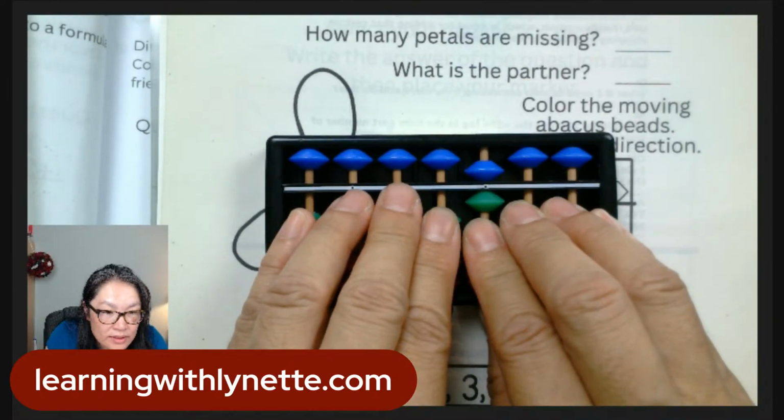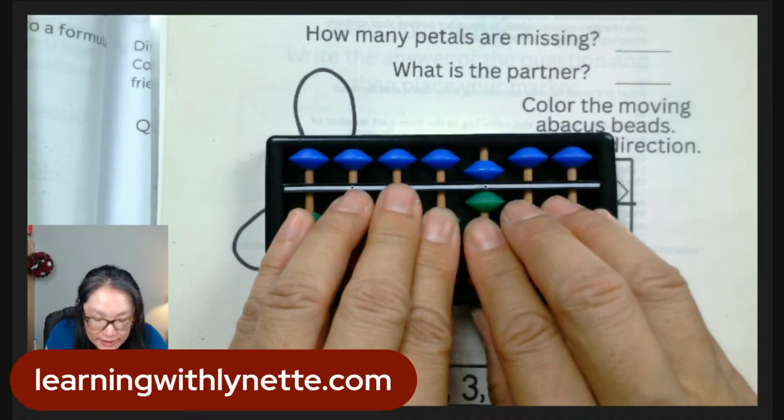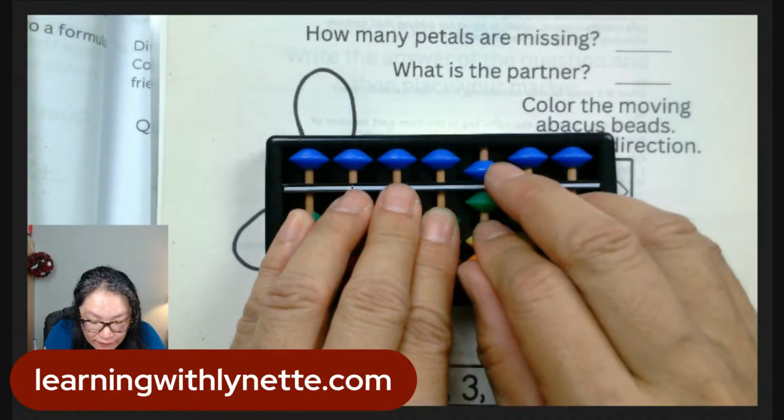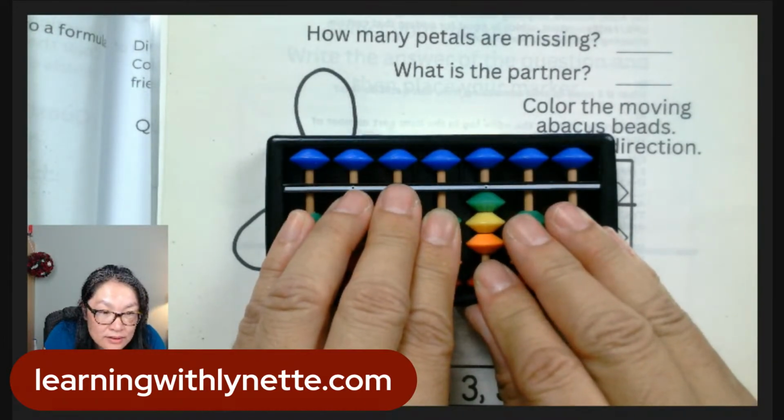This only works if the number on the bottom is 5 or less. This is counted. These are not counted. So when you're looking at this, is there enough beads to take away the 3? If I don't have enough beads to take away the 3, then I need to minus the 5. That's too much. And I need to add the 2. So then we're left with 3. Does that make sense?